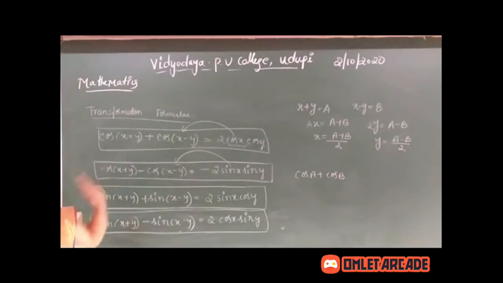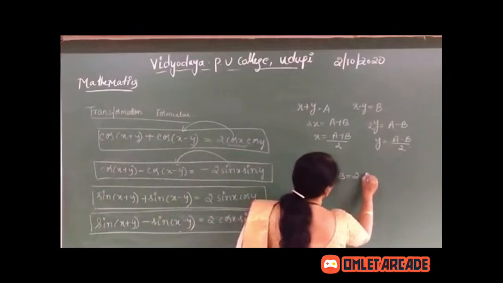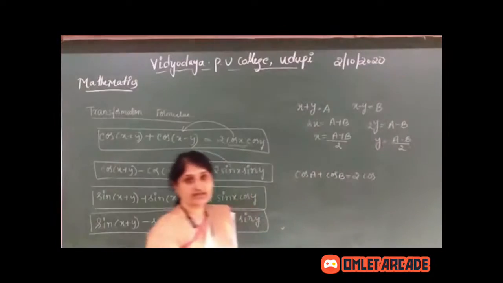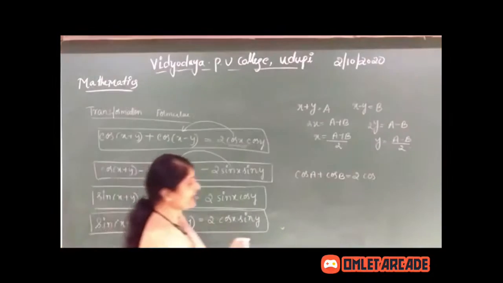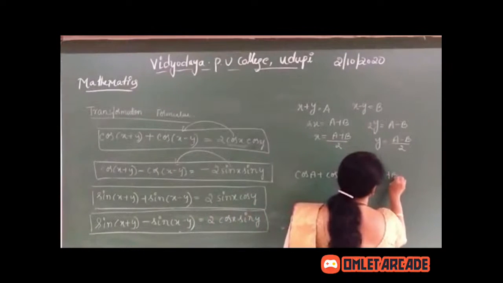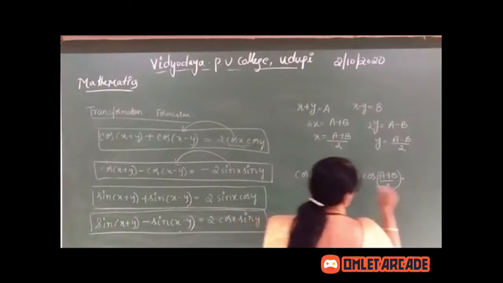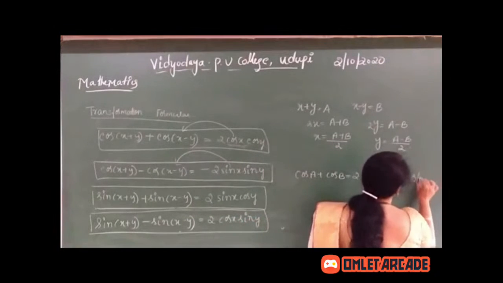This is a and that is b. cos a plus cos b becomes 2 cos. What is x? x is a plus b by 2. So a plus b divided by 2 into cos y. y is a minus b by 2.